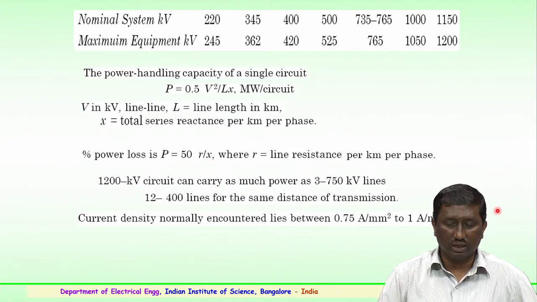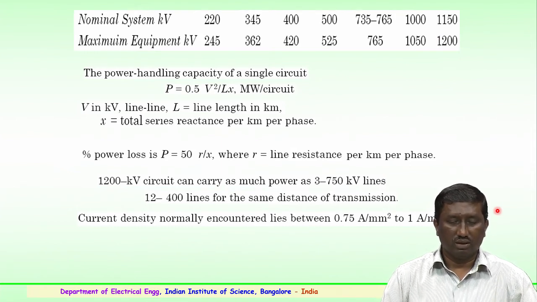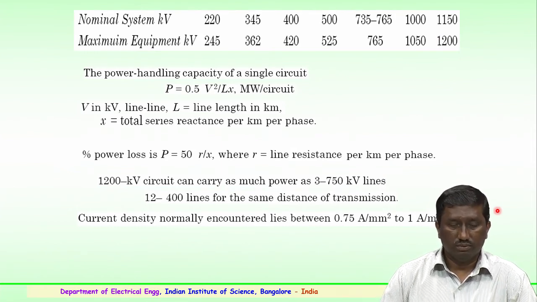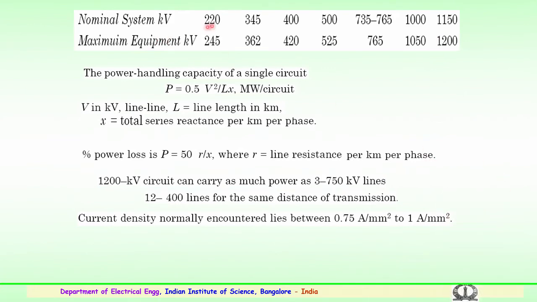So, again I repeat the table which is shown, which gives important information about the nominal system voltages and the maximum system voltages where the equipment is designed and the insulation aspect is considered. For 220 kV typically 245 is the maximum operating voltage of that equipment or the insulating system. Similarly, for 345 it is 360 and for 400 it is 420.